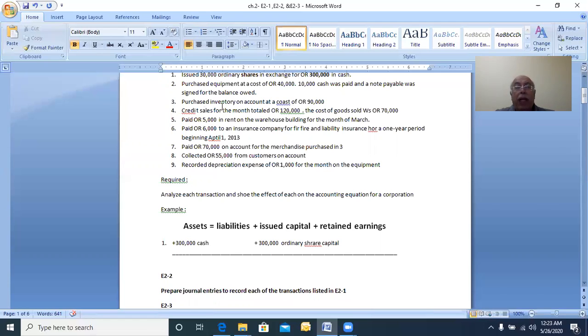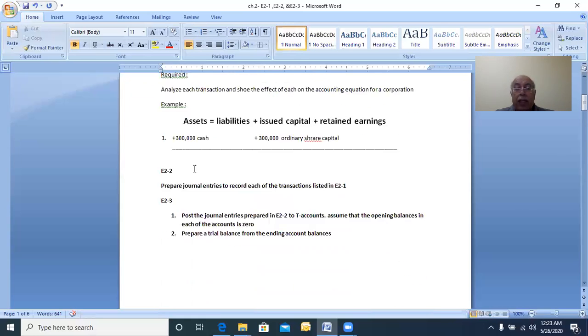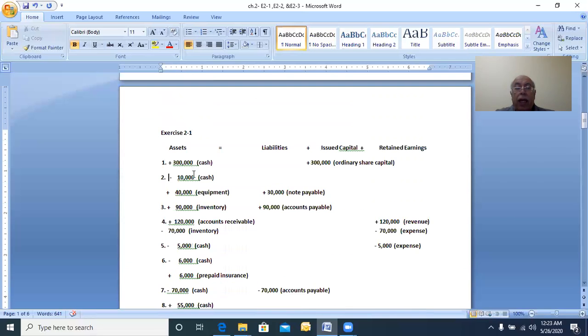The amount will be paid later. You see here, we have now created two accounts. The first is inventory as a current asset, increased by 90,000. At the same time, the liability also increased as accounts payable by the same amount.